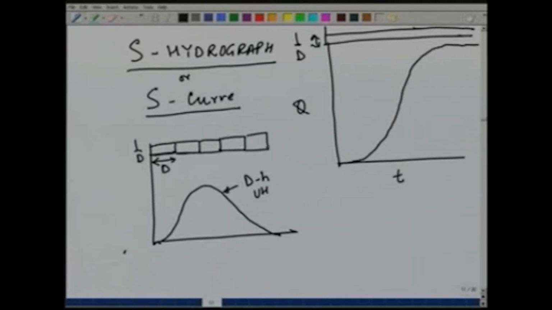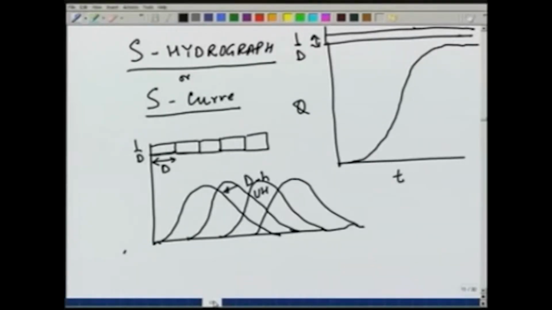And we have already seen that using the principle of superposition, we can draw all these unit hydrographs shifted by the interval d, and a large number of them. So, what it means is that if we add all these ordinates, we would get the S curve.